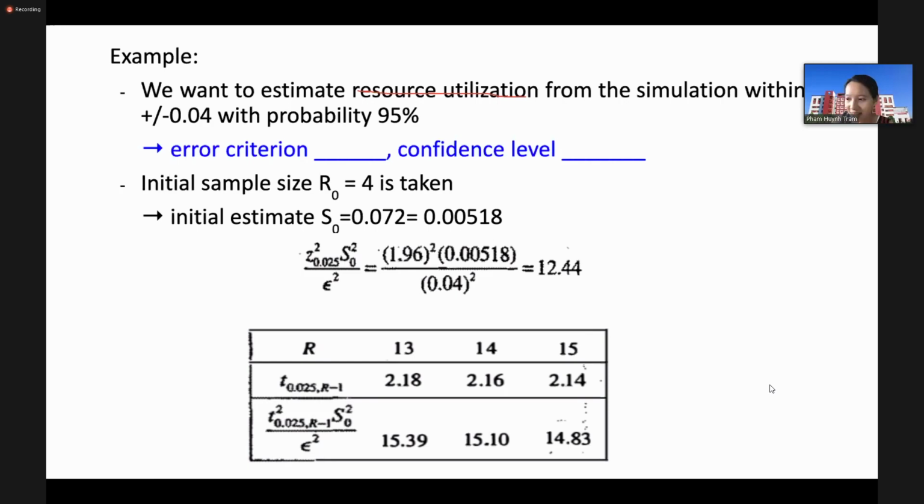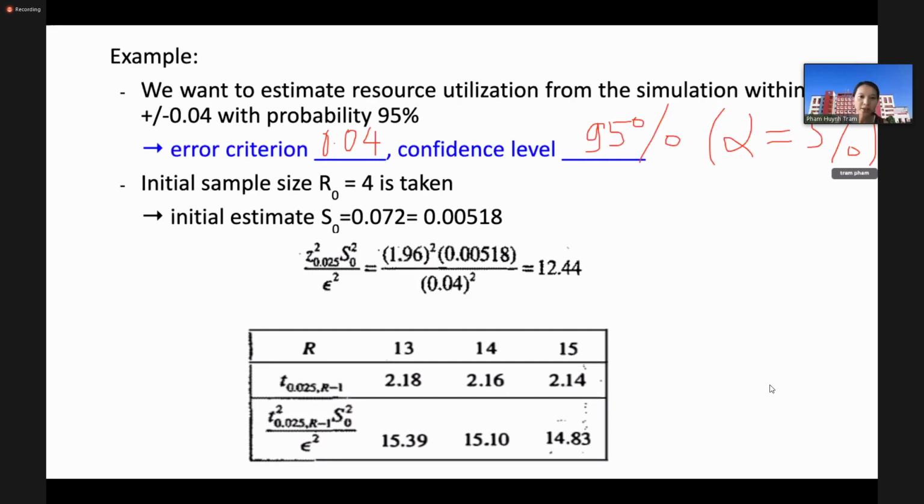In this case, our overall criterion epsilon will be 0.04, and our confidence level will be 95%, or our alpha would be 5%.